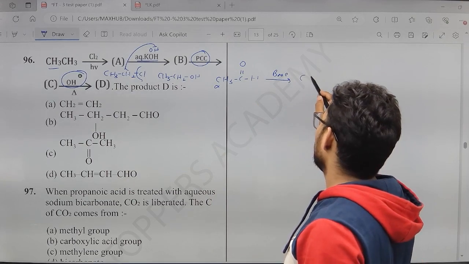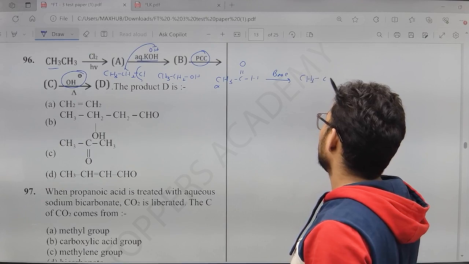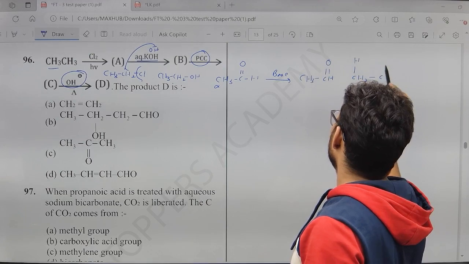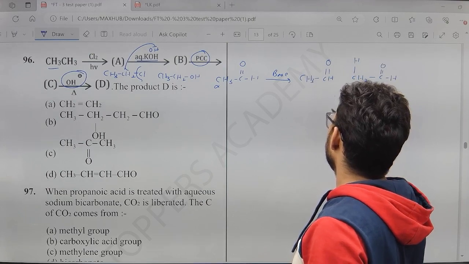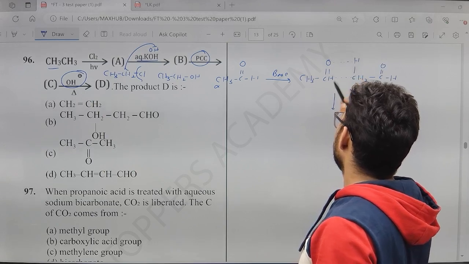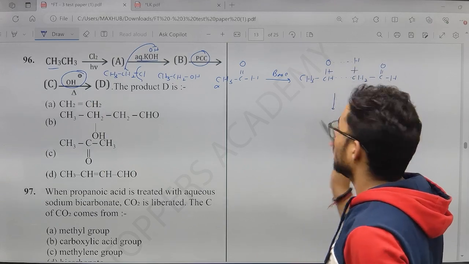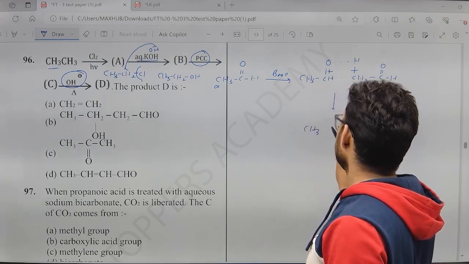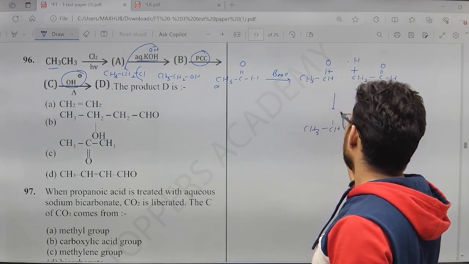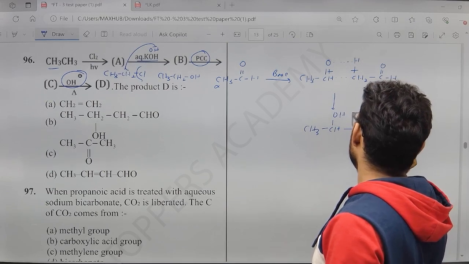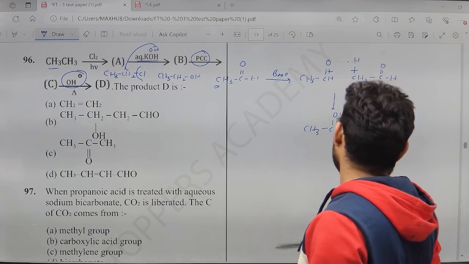How to predict the product? It is the short trick of aldol. I have told you. Two bonds will break and two bonds will be formed. Right?